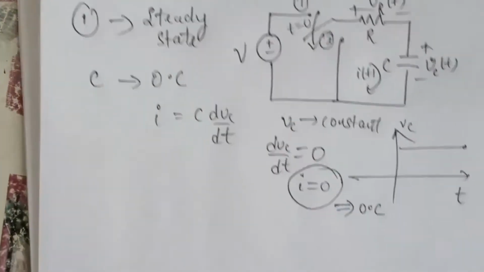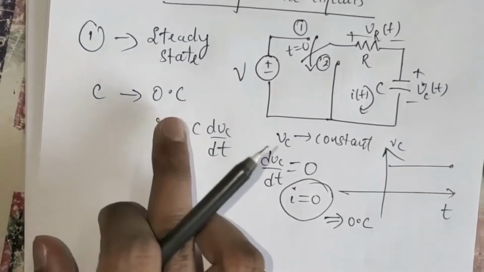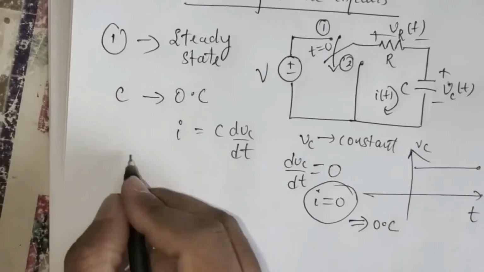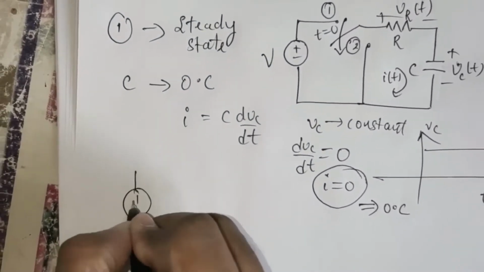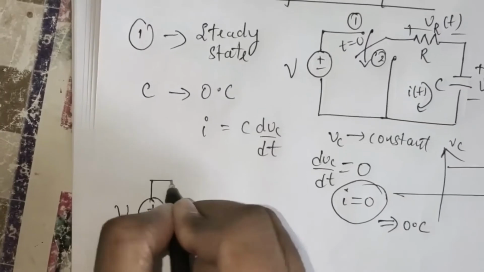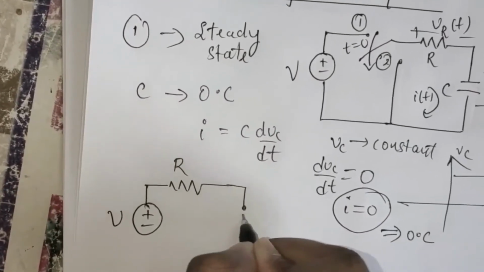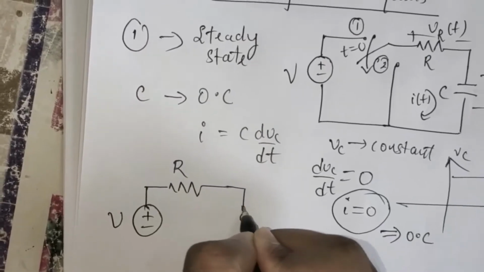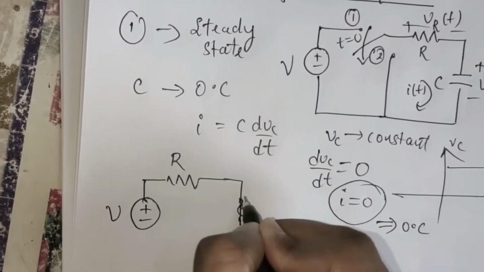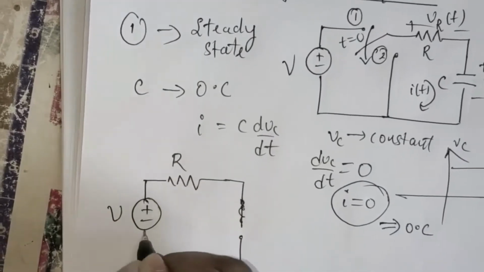So when the current flowing through the capacitor is 0, at position 1 the circuit I can draw as a voltage source V in series with a resistance R and the capacitor acting as an open circuit.